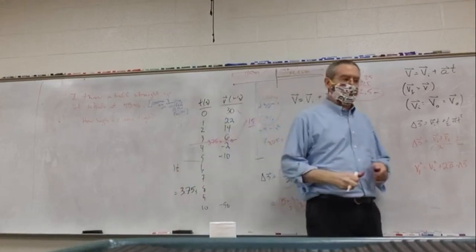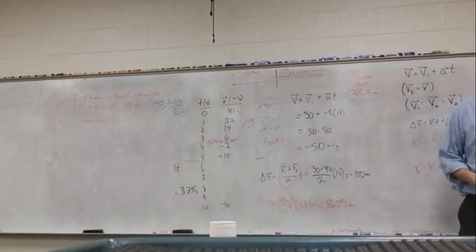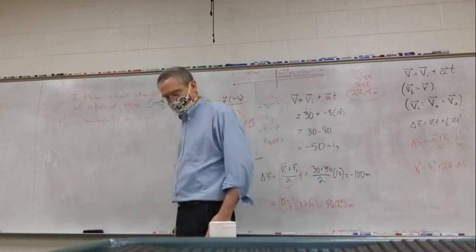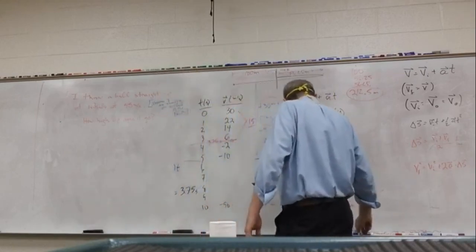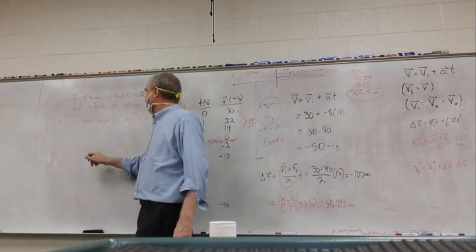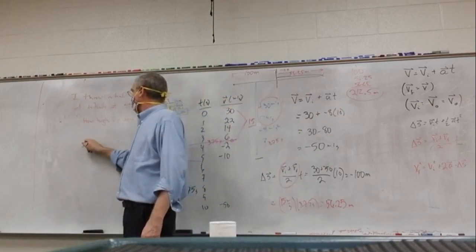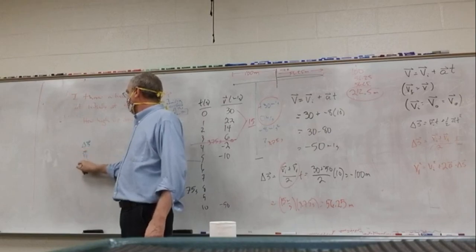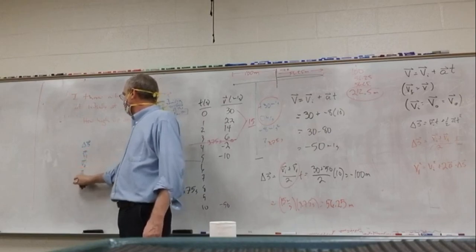Now, most likely there will be a problem in the first test that does not take place on earth, and you need to adjust for that. We'll talk about where that shows up. So I got my basic quantities here: displacement, initial velocity, final velocity, acceleration and time.